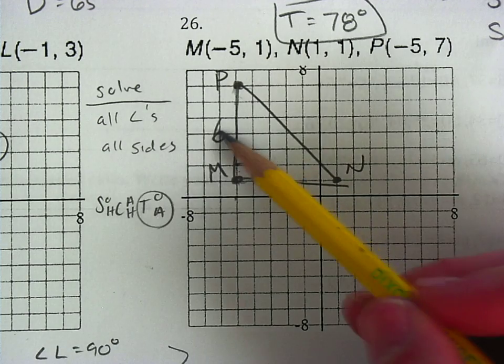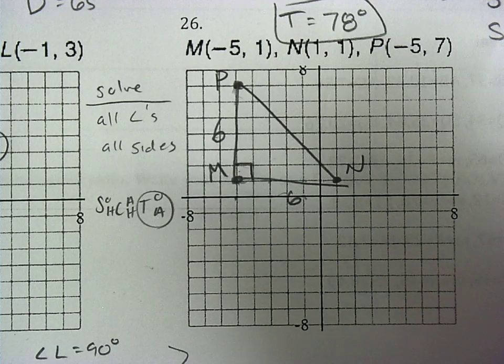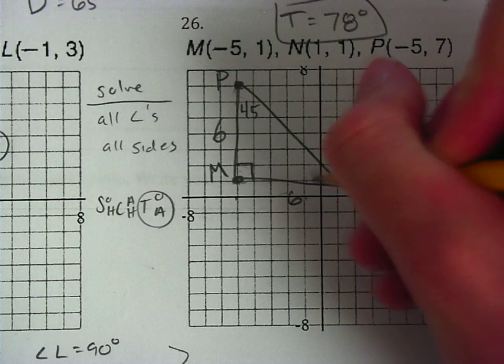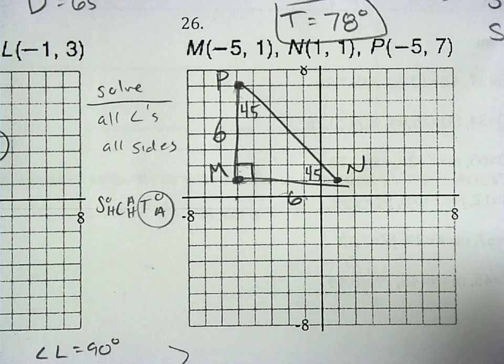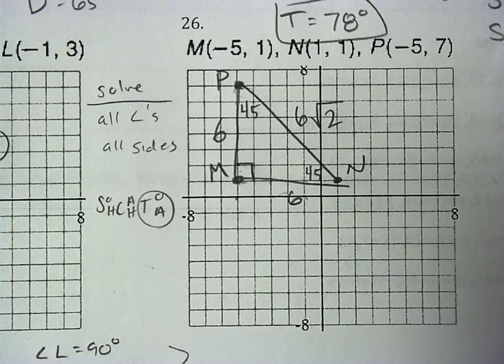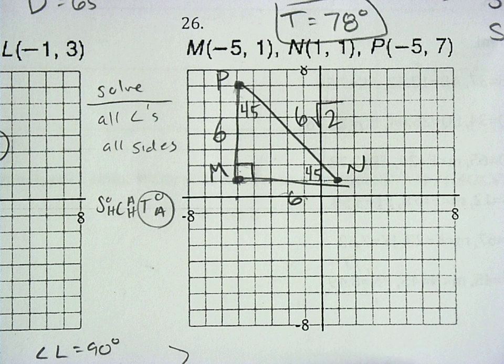If these legs are the same, then these angles must also be the same. I know they're 45 degrees. I also know that the hypotenuse is the leg times the square root of 2. There's a 45 angle. And there I'm done.